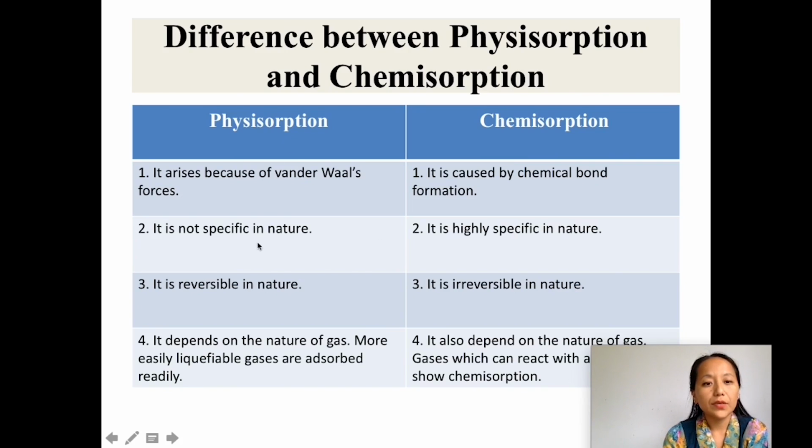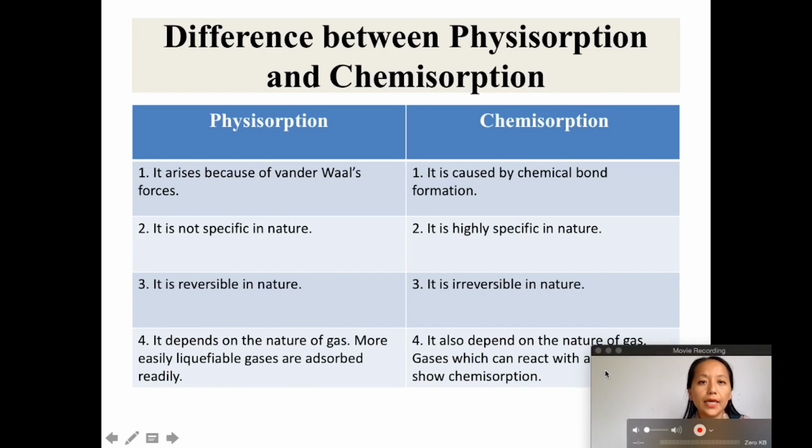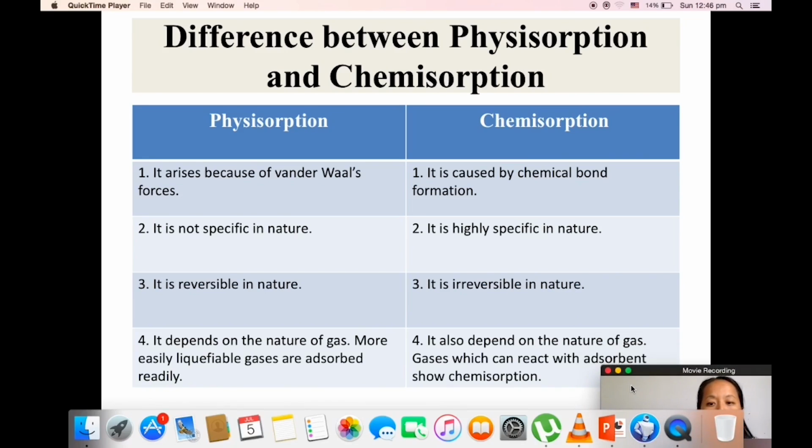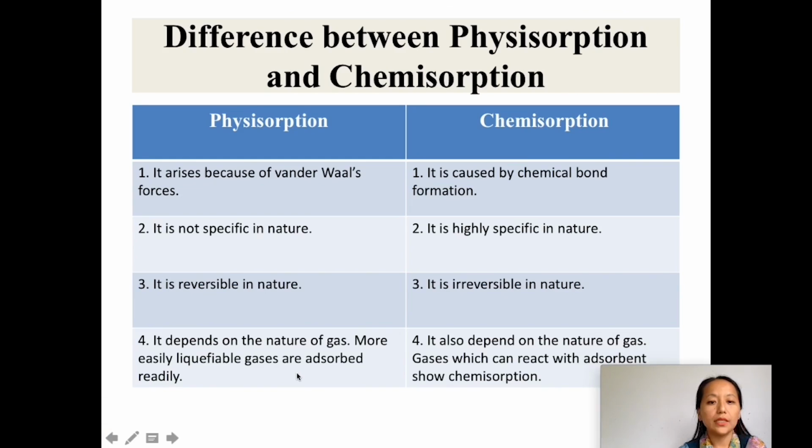In physisorption, it is reversible in nature, and chemisorption is irreversible in nature. Physisorption depends upon the nature of the gas. More easily liquefiable gases are adsorbed easily, because gases which can be easily converted to liquid have more van der Waals forces of attraction compared to others. That's why those types of gases are preferred for physisorption.